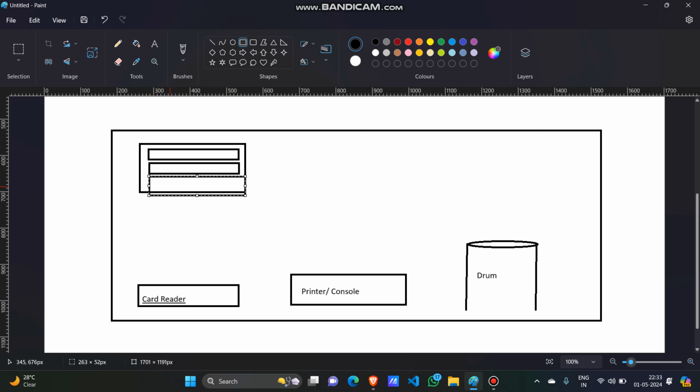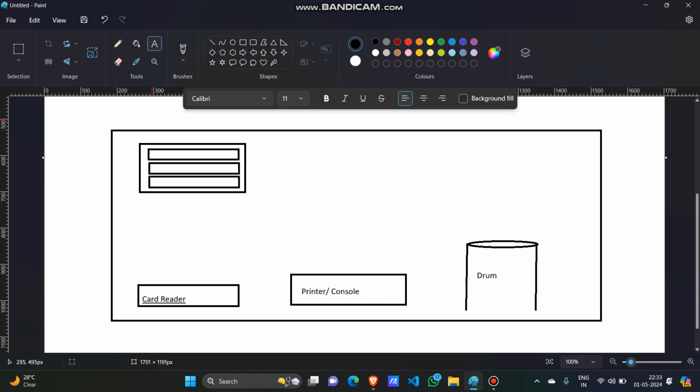Now the first thing is buffers, second is empty queue, third is input queue, and fourth is output queue. So I'm just showing you that these are the kind of queues and buffers that exist in our system. So this is something that we replace our system with.